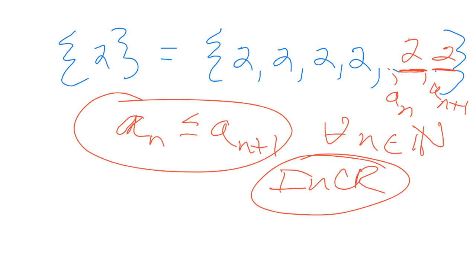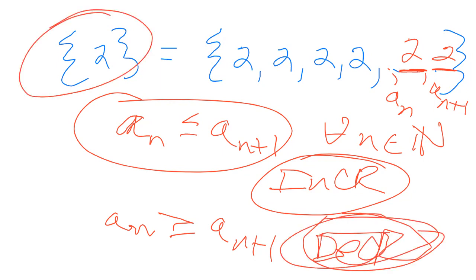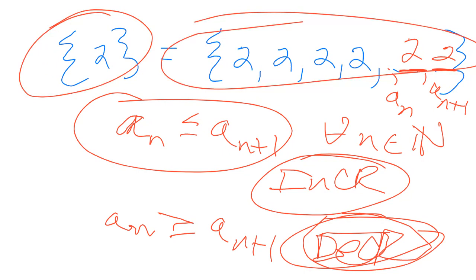But we could also say that a sub n is greater than or equal to a sub n plus 1, since it's equal, which would mean that this is a decreasing sequence. So this sequence in particular is not only considered an increasing sequence, it's also considered a decreasing sequence.